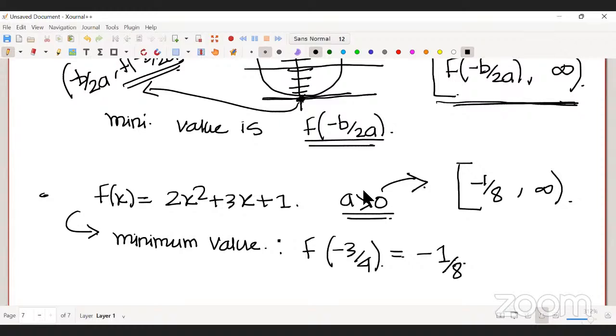We don't care whether the parabola crosses the x-axis, or is above it, or below it. The only thing we need to find is the coordinate of the vertex, and the y coordinate of the vertex will give us the minimum value of the parabola.